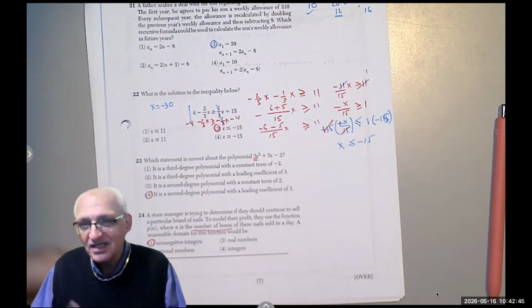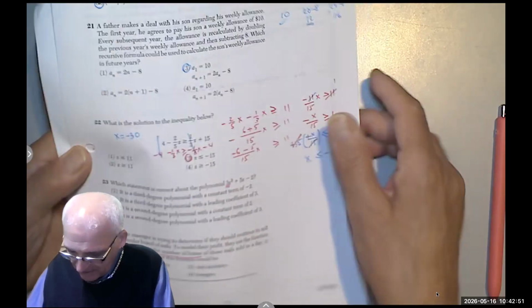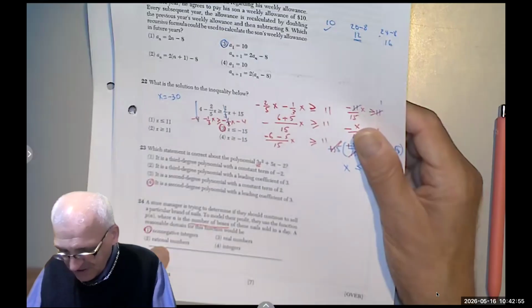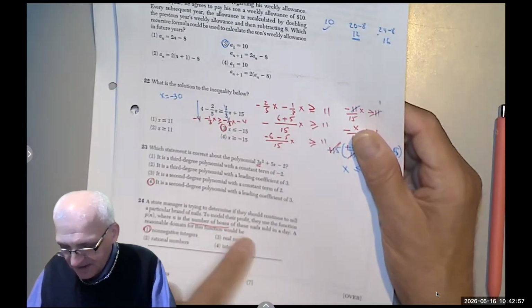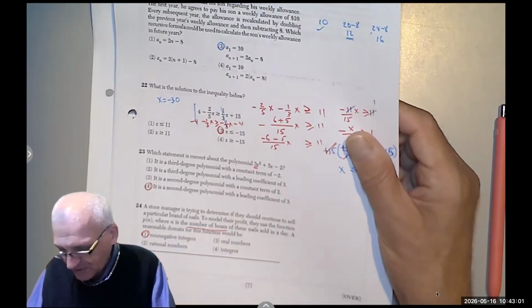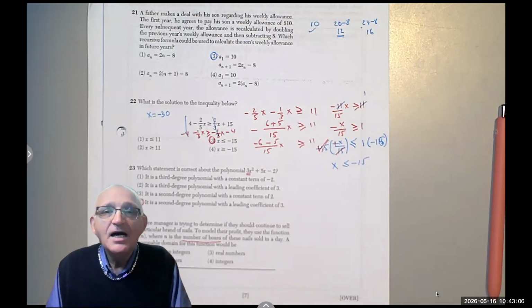Doesn't allow you to sell half a box or something, or few nails. Anyway, so in that case would be a rational number, but rational numbers and real numbers can be negative. So that is the trick. All of these can be negative except the first one. So it has to be the first one. I'm sorry, I didn't realize that.